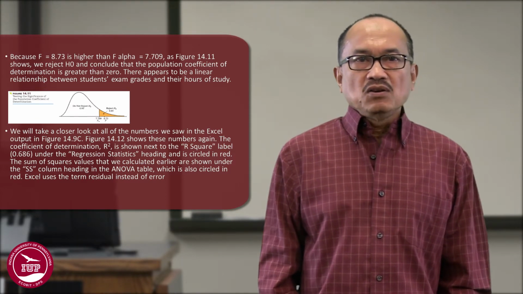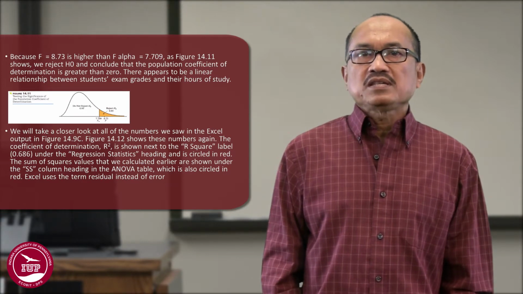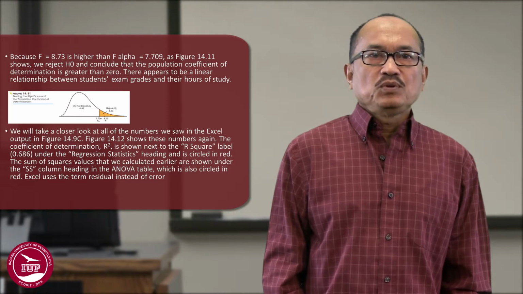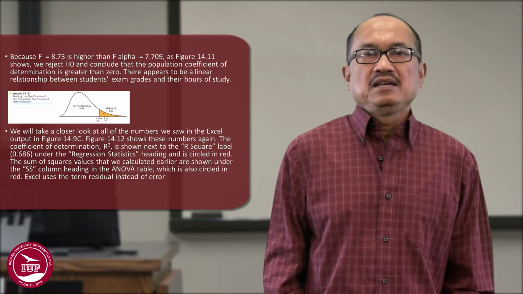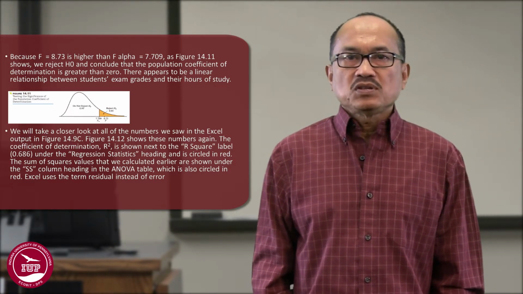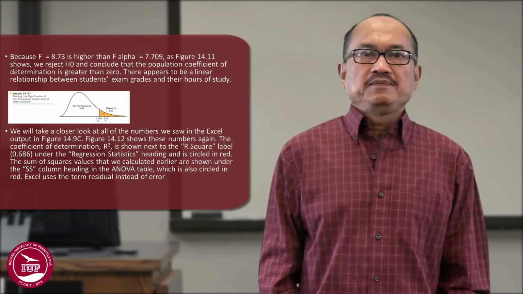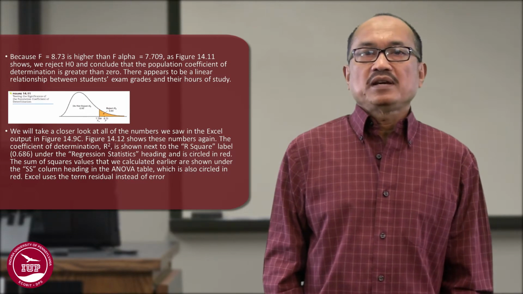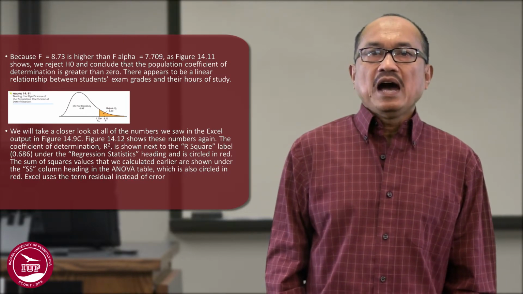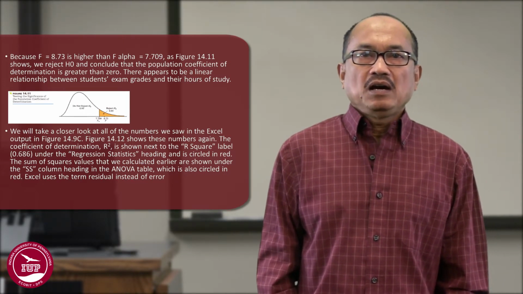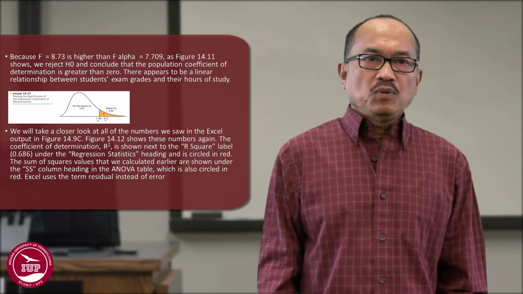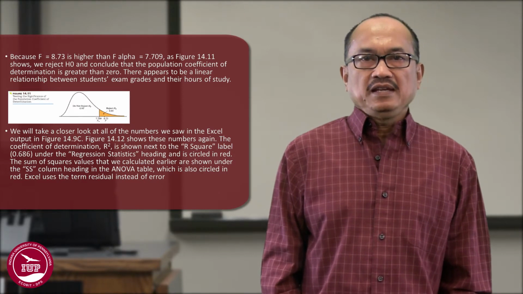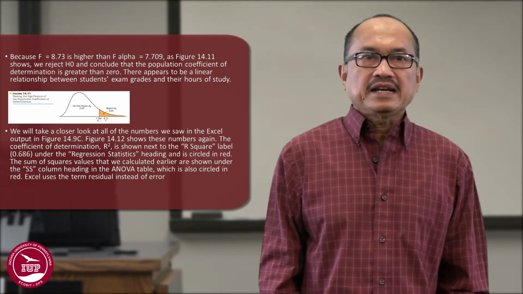We will take a closer look at all of the numbers we saw in the Excel output in figure 14.9c. Figure 14.12 shows these numbers again. The coefficient of determination R squared is shown next to the R Square label, equal to 0.686, under the Regression Statistics heading, and is circled in red.